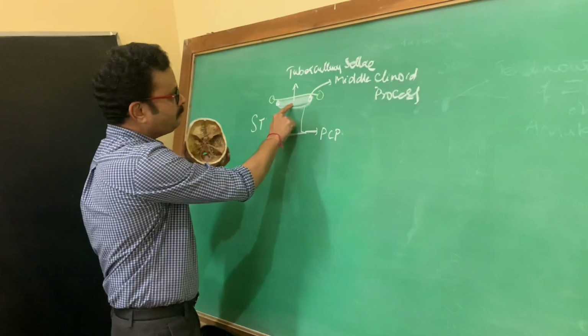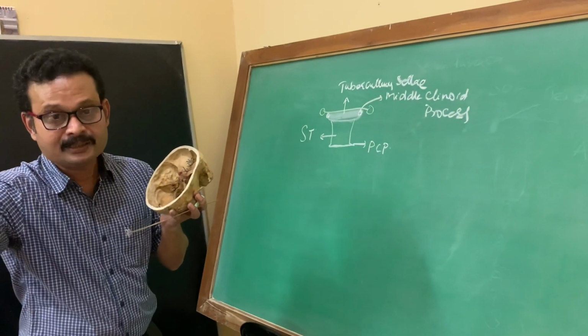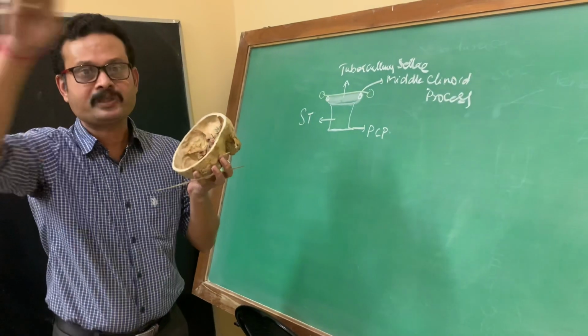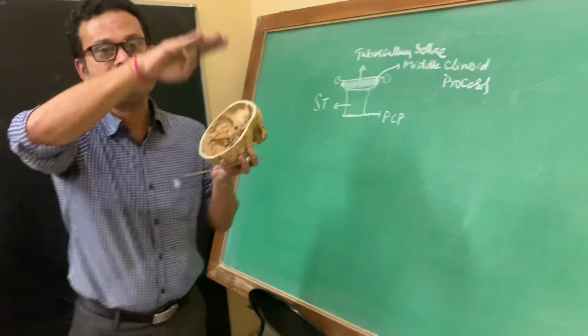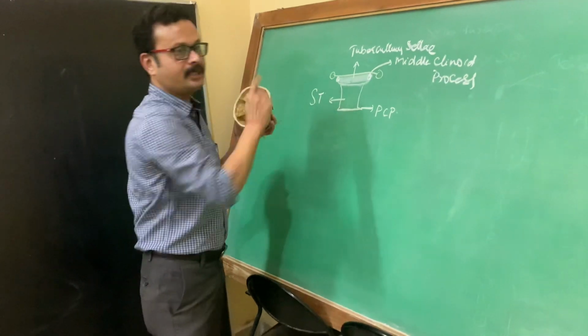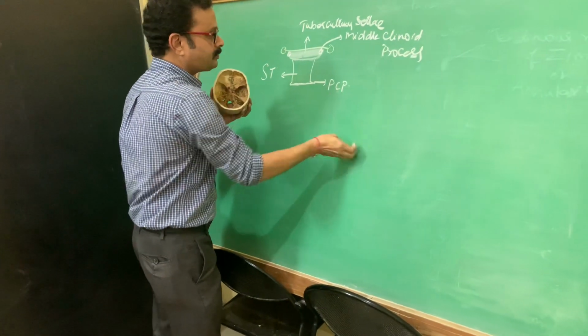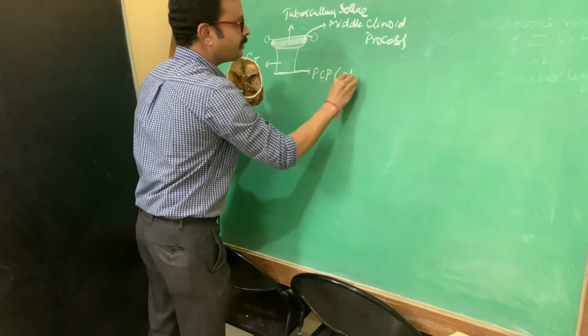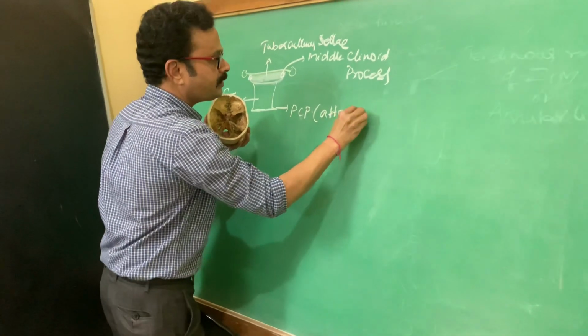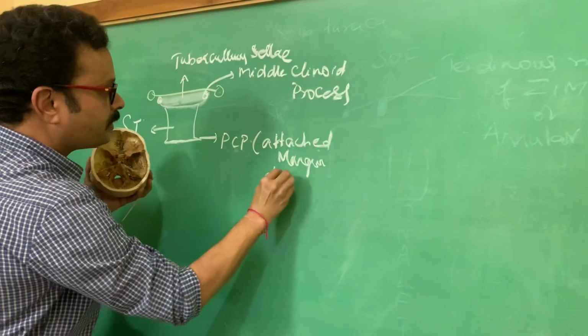Extending from the tuberculum sellae to the dorsum sellae is diaphragma sellae, which overhangs the pituitary gland and forms the roof of the pituitary gland. Is it clear? And to the posterior clinoid processes, the attached margin of tentorium cerebelli is attached.